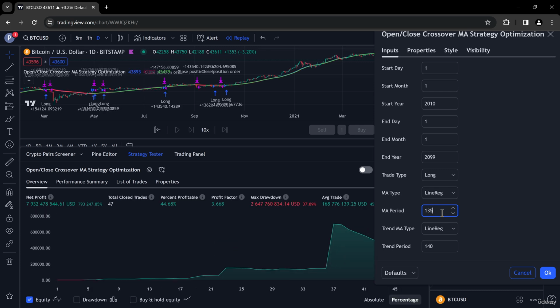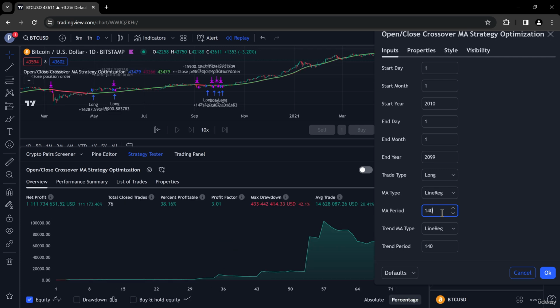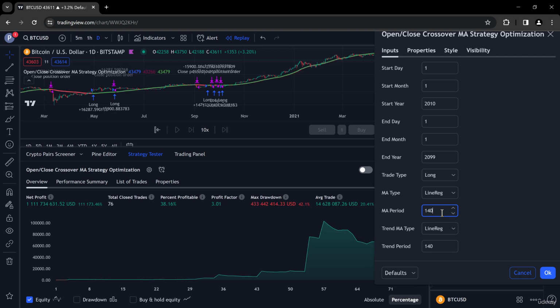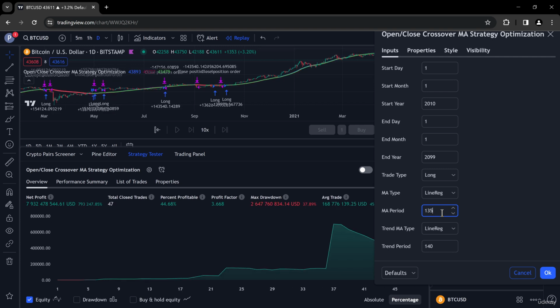Oh, we have 793,000% profit. Now it's becoming less. Okay, so it looks like 135 MA period with MA type of linear regression is giving us optimal net profit. And the max drawdown is 37, which is a little high, but considering the Bitcoin market is very volatile, it's not too high in my opinion.